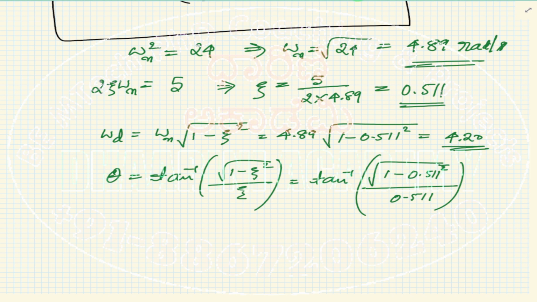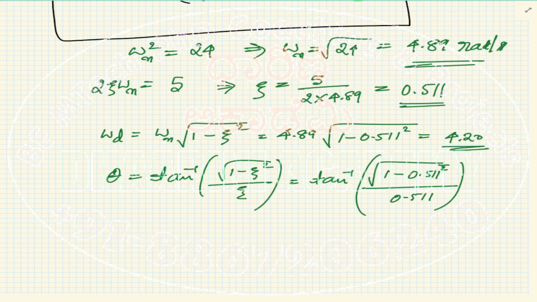The omega d is 4.20. 0.747 seconds. And we go for peak time.